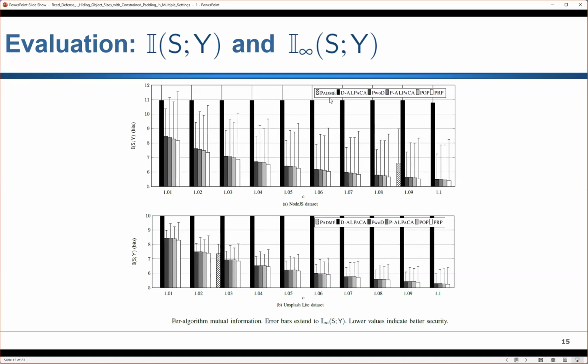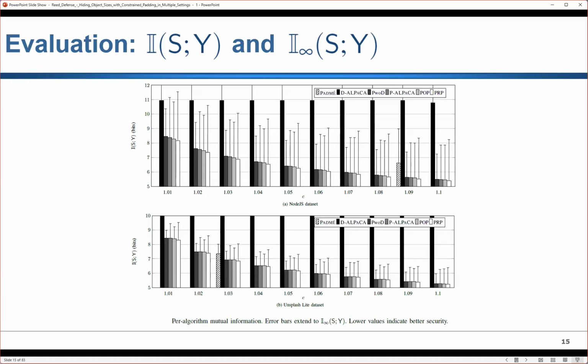Note, though, that Padme, one of the competitors from the literature, does not take a pad factor as input. And so what we did was we ran that padding scheme on the data set and then calculated the largest pad factor given that data set, given that algorithm.